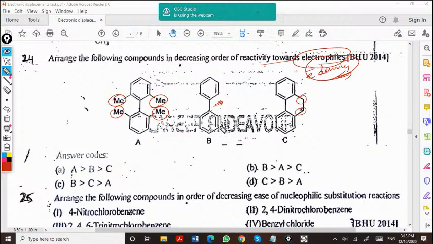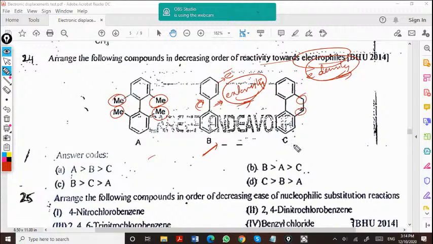A biphenyl system without any connectivity will rotate freely, so the delocalization will be more extensive and the electron density will be more, so that an electrophile can attack easily. So among these three, B will have more electron density because of the extended delocalization.